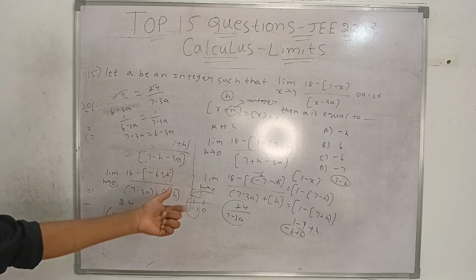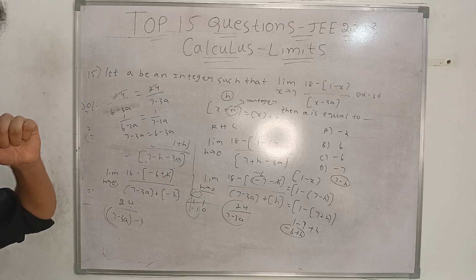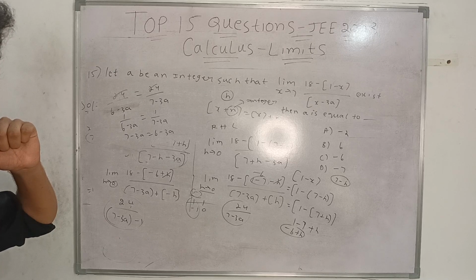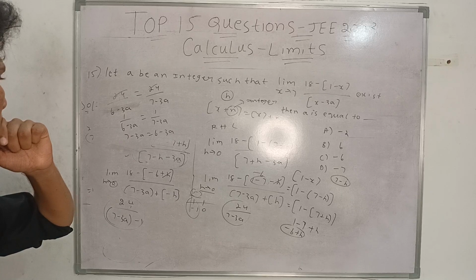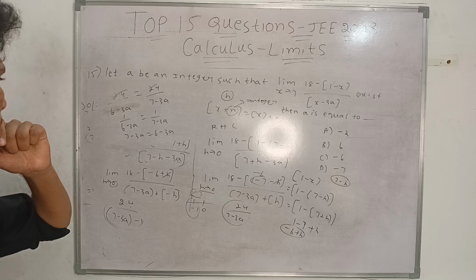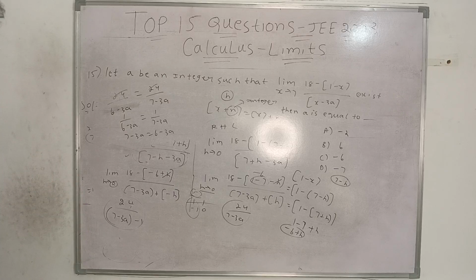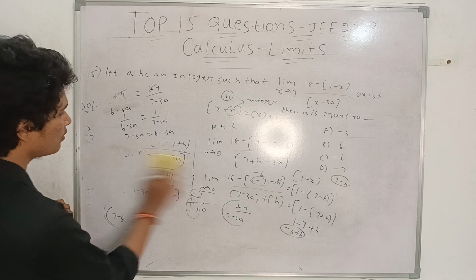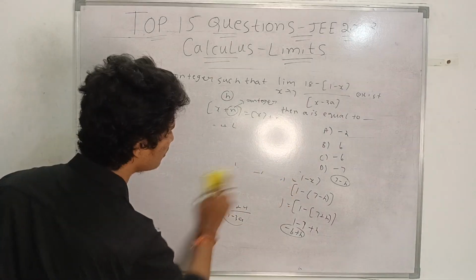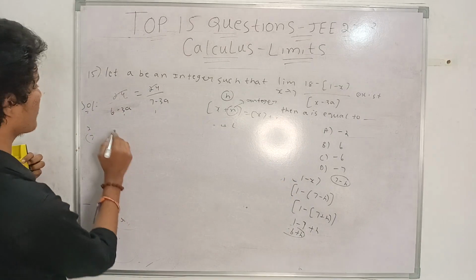Seven minus 3, yes, it is correct. Yes, we have done some mistake here. I can clarify this. Let's do one more time.